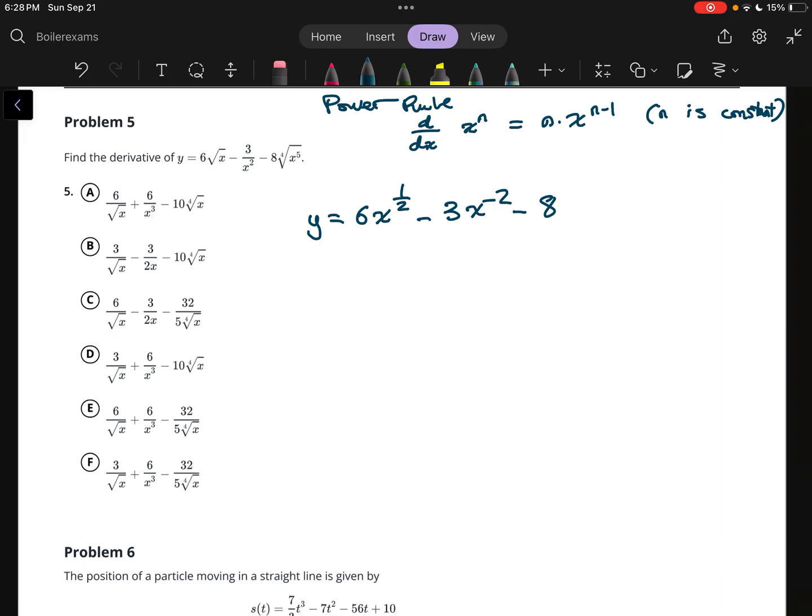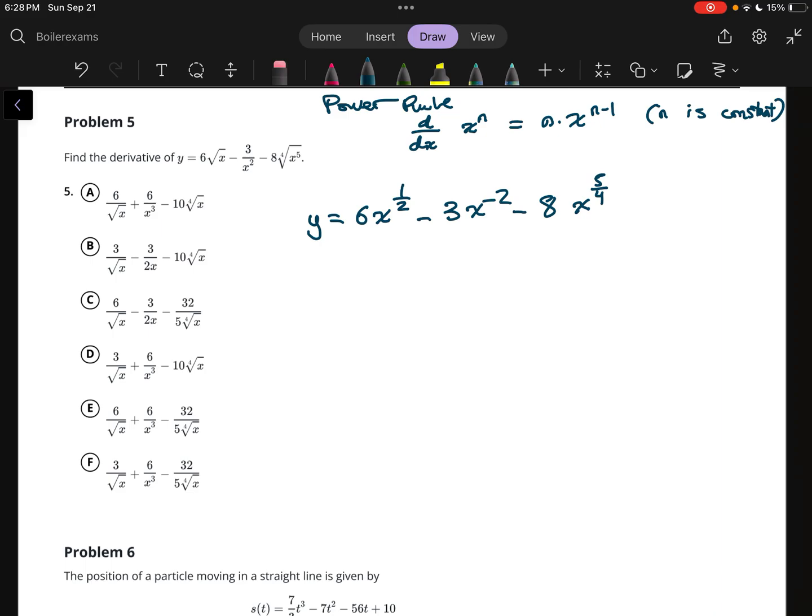And 8 times the fourth root of x to the power of 5 can be written as x to the power of 5 to the power of 1/4, and that can be rewritten as x to the power of 5/4. Everything that I did here translates from basic exponent properties. So if you're not sure where that came from, look up exponent properties and refresh on those maybe.